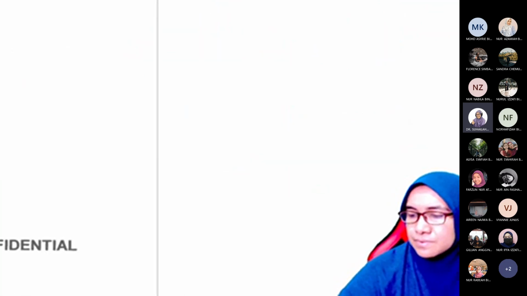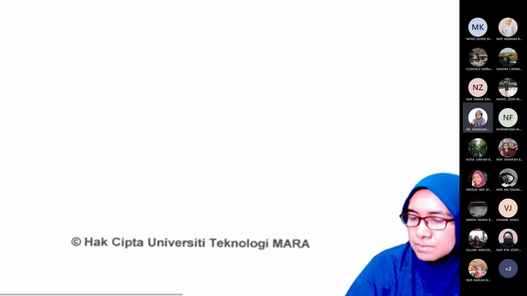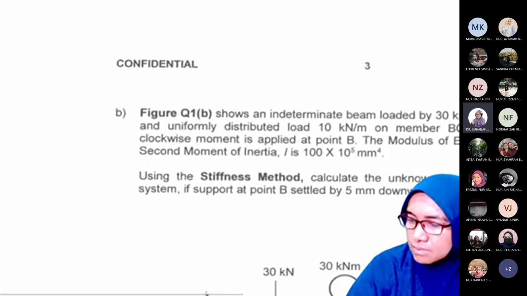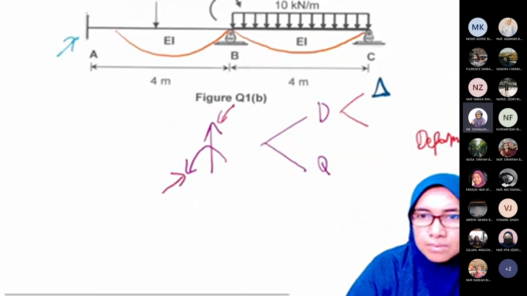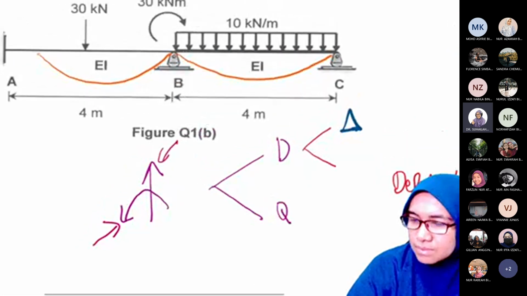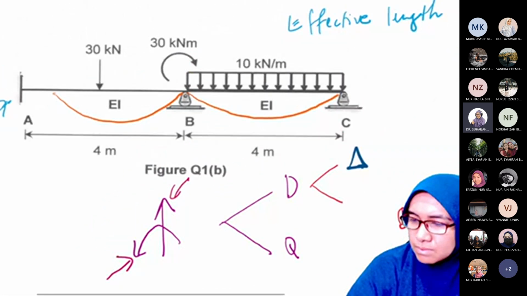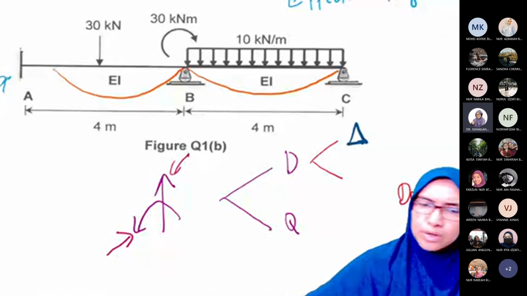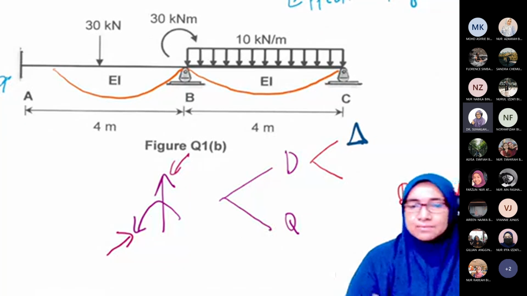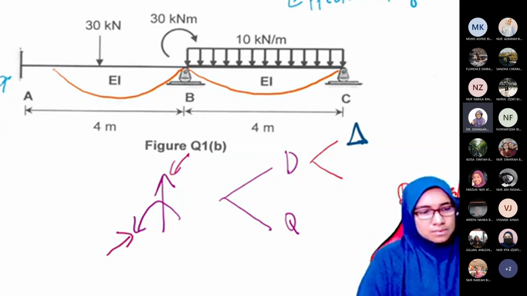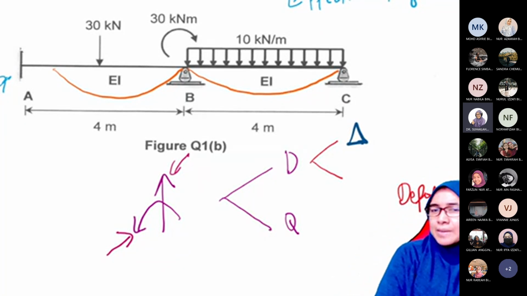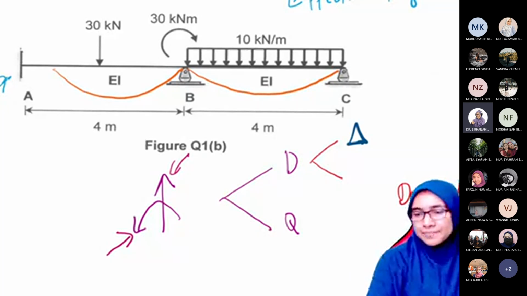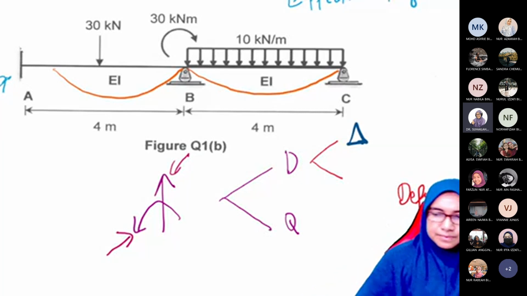Apa nama lain bagi rotation? Okay, nama lain selain daripada we call it as rotation. Selain daripada word displacement. Rotation is also called as what?